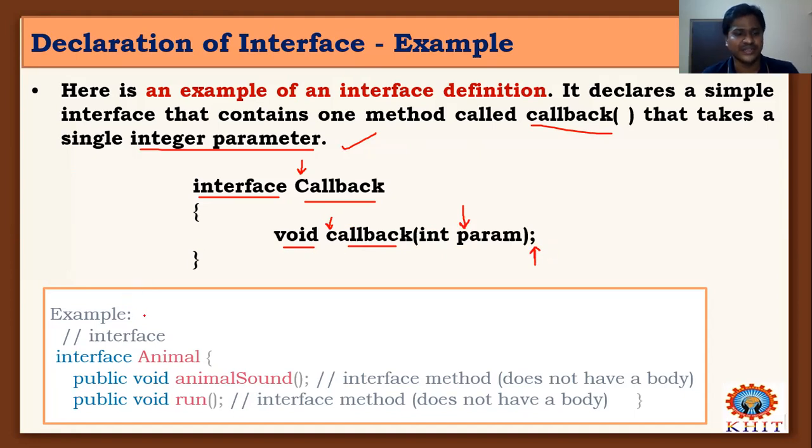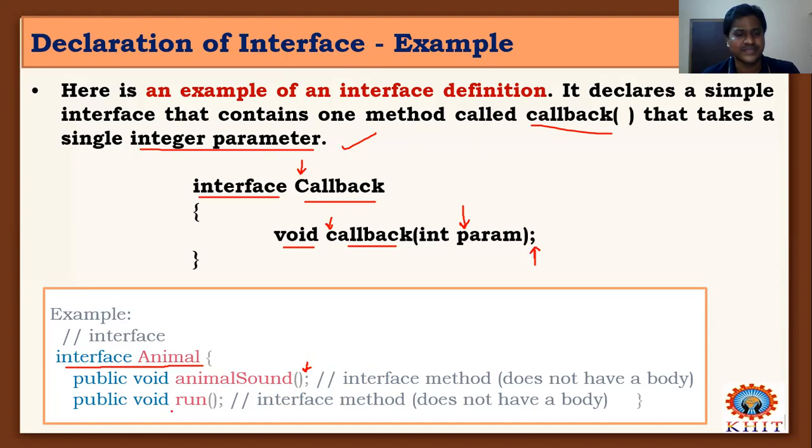And coming to a real-time example, working with some funny examples, I'm going to create an interface called Animal, and inside this Animal interface, two methods are defined: animal sound and animal can run, right? Observe these two methods are only declared, and their definitions end with a semicolon, which means these interface methods don't have any body.